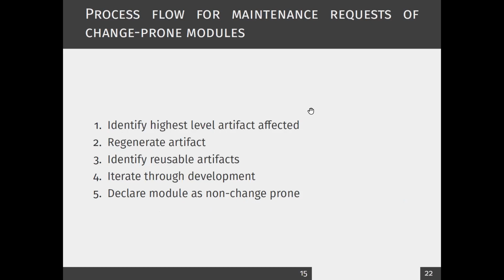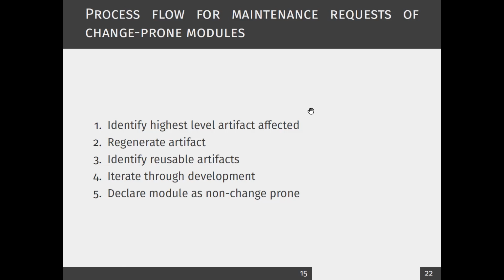Now the second flow will show you the maintenance request of a change-prone module, which means that in the beginning you identify that maintaining a particular piece of software takes considerable time and effort. Then you can start by identifying the highest level of artifact affected.